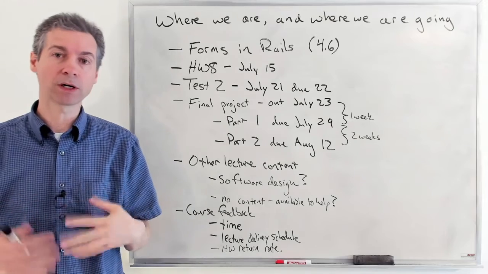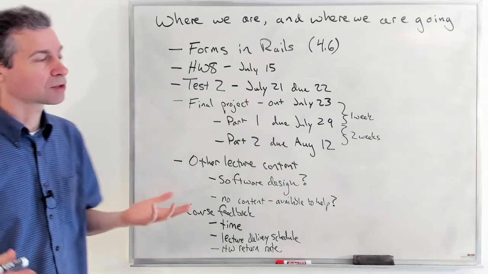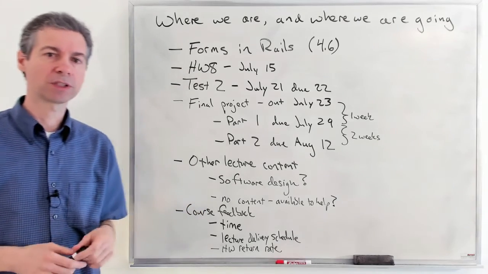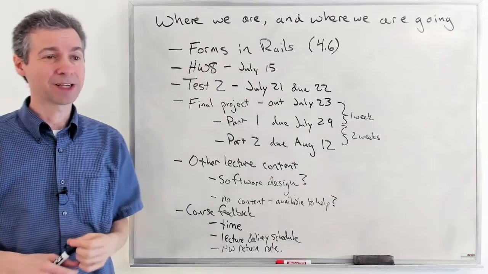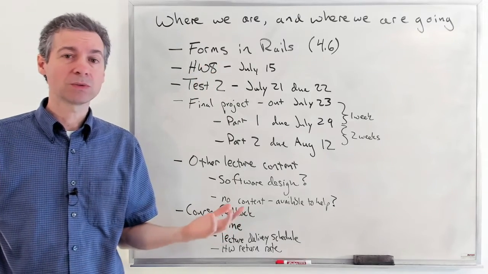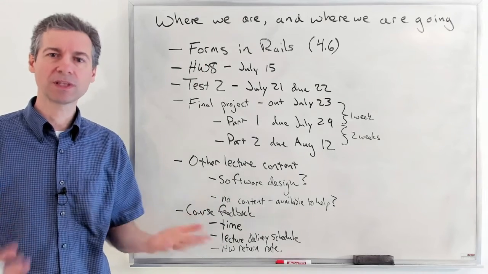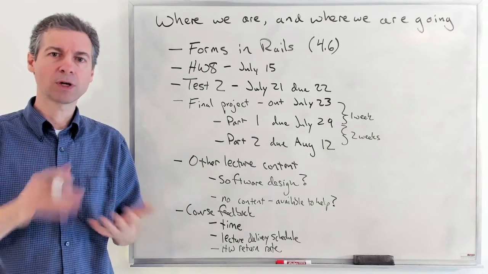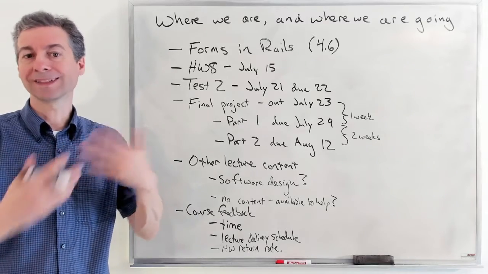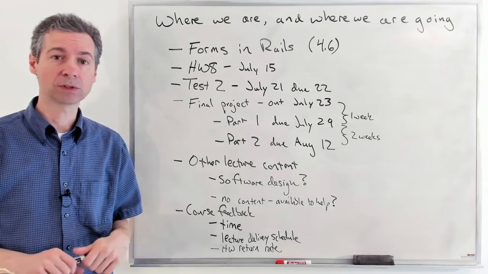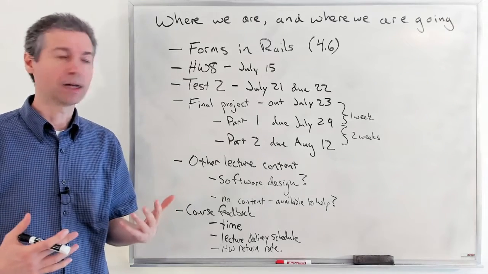I'll talk about where we are and where we're going right now. So, sort of important lecture material for me to cover is to go over forms and rails. But I will admit to you that the three homeworks, homework 6, 7, and 8, have really had a lot of content for you to look at, absorb, read, and understand.